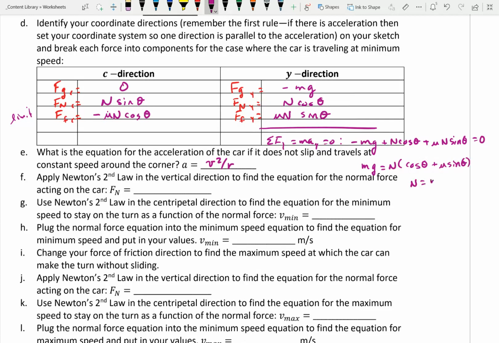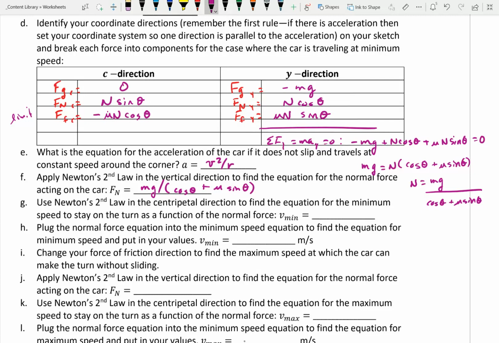So n is equal to mg over cosine theta plus mu sine theta. So there I have the equation. And we actually know what m and g are, and we know what mu is, and we know what theta is, so we know everything there. We can get a value for that.